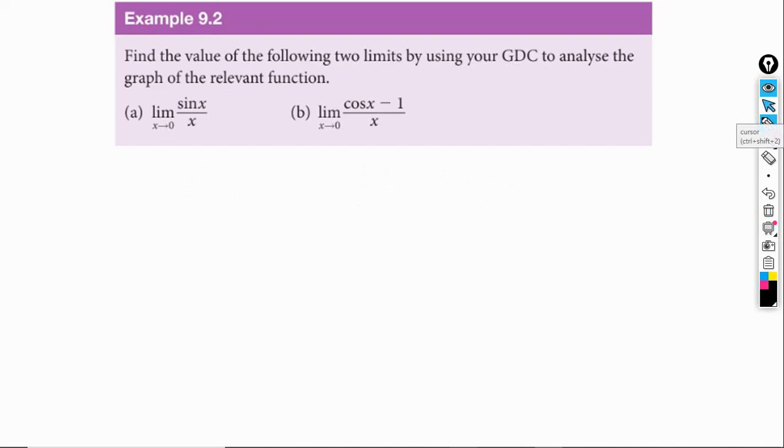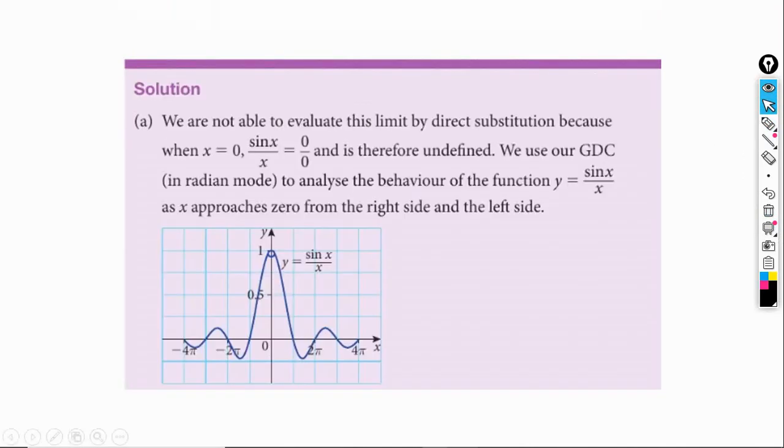So in the next slide, you will find the graph for sine of x over x. So this is what you would see in your graphing display calculator. That when x is 0, you see a big hole in the graph. That just means it's undefined there. But we can analyze this in a different way. What happens when you approach the value 0 for x, from the left and from the right?